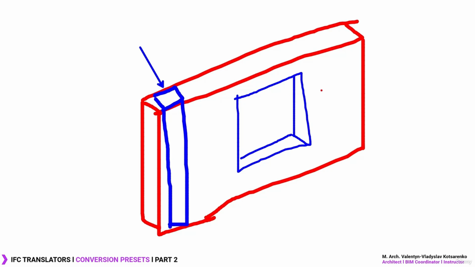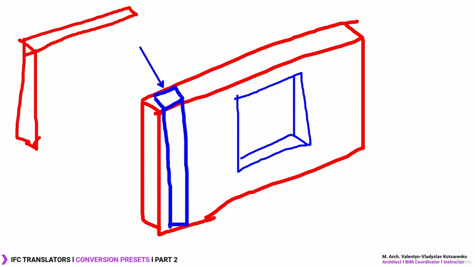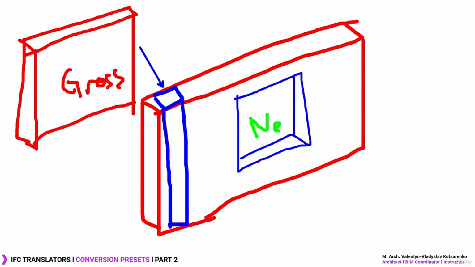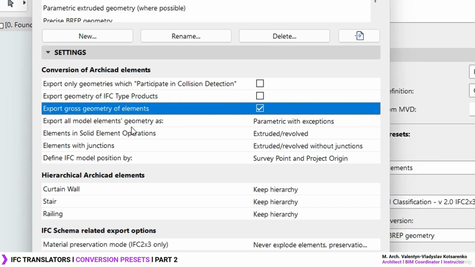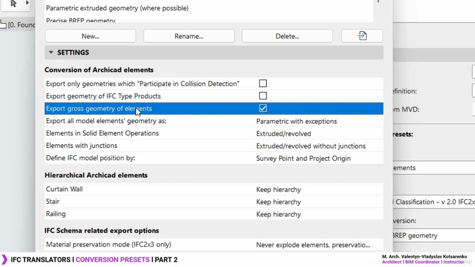So if you check the option export gross elements, it's going to export the wall as if there were no significant changes going on over here. It's going to export the wall as a solid, as if the operation never happened. So it's going to be a gross element. Okay, if it's a net element, it's going to take into consideration openings, subtractions, and everything going on in the wall. So small detail here, but export all gross geometry of elements.